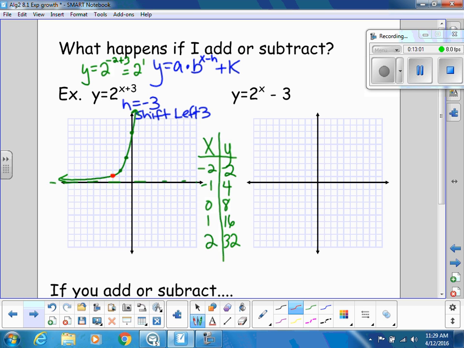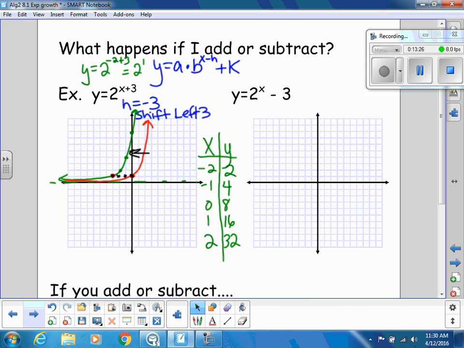That was originally where my y-intercept was. I'm going to draw in red what it originally was. That's how it originally looked. So you see how it got shifted to the left by 3 units? I can count 1, 2, 1, 2, 3. All right, so that shifted to the left 3 units. Okay, so that's what that H value does.